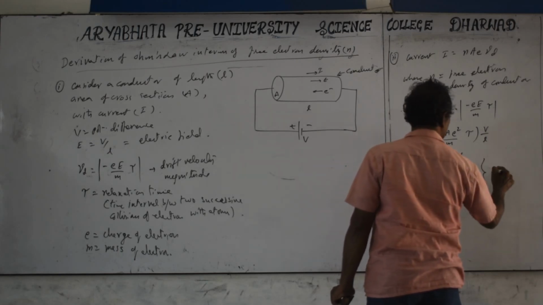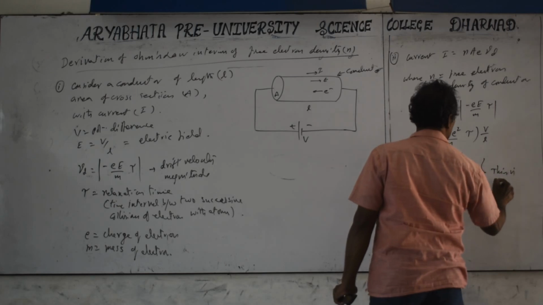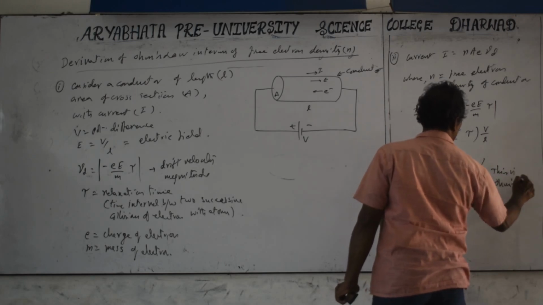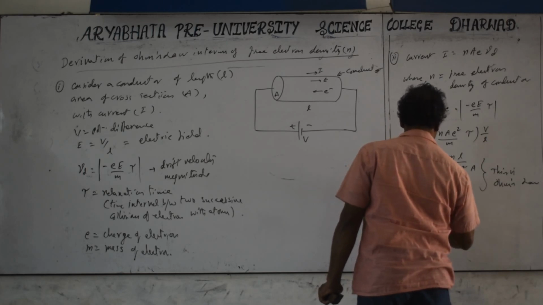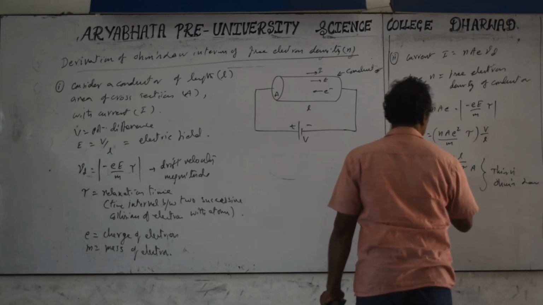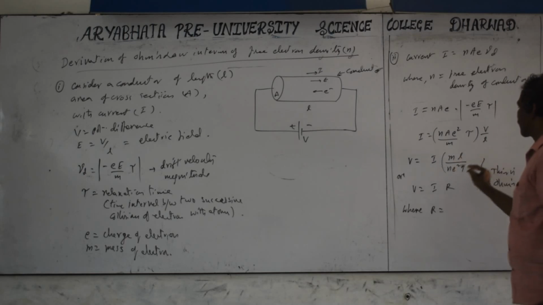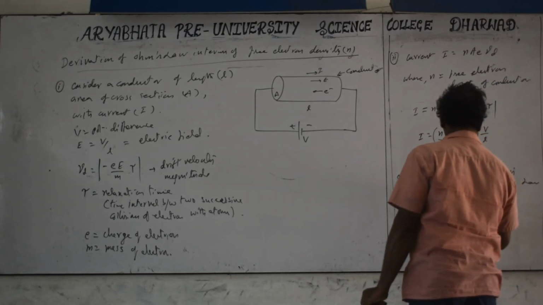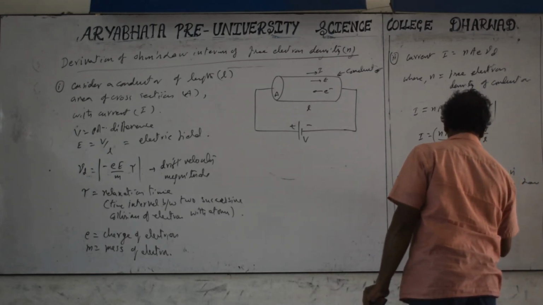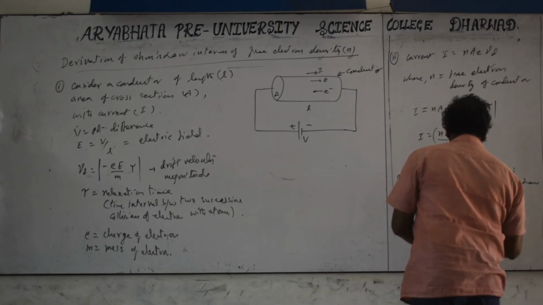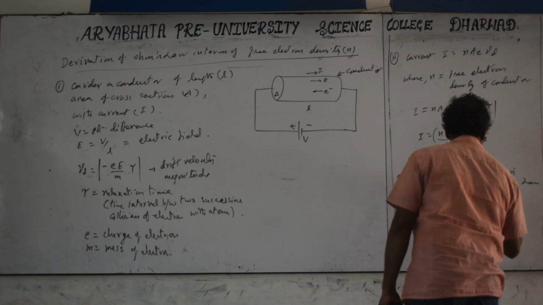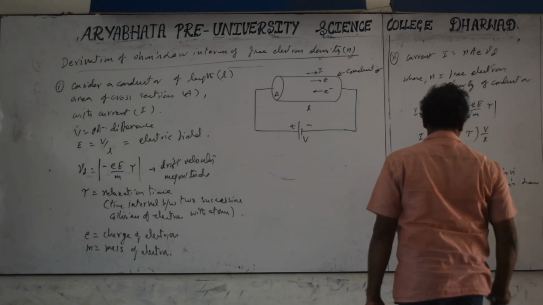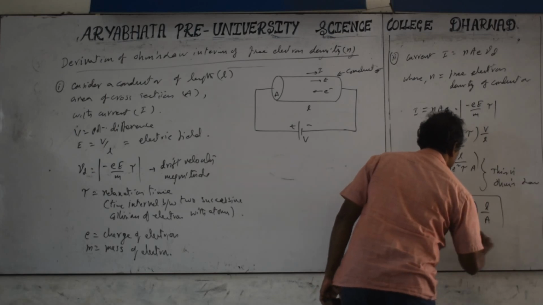So V equals I R. This is nothing but Ohm's law, where R equals the remaining part after I. This is nothing but R equals m by n e square tau into L by A. So this relation you have to remember.